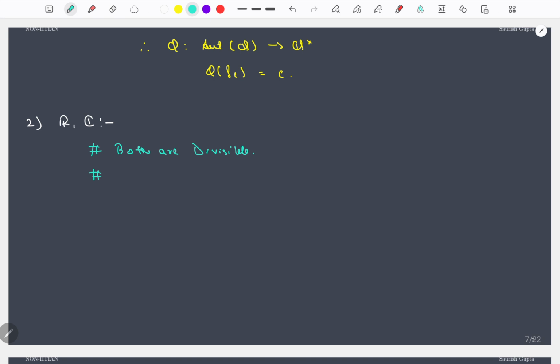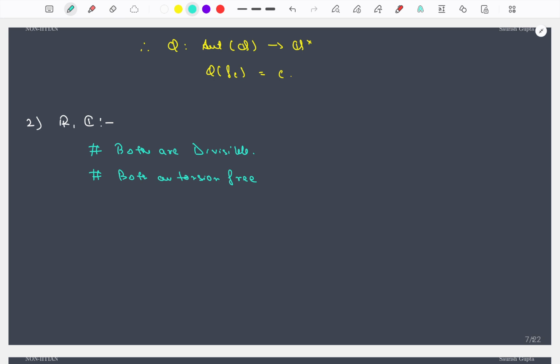What more can we say? Both are torsion free.